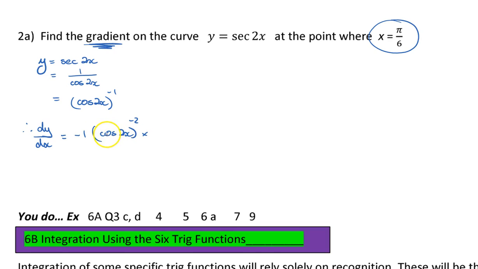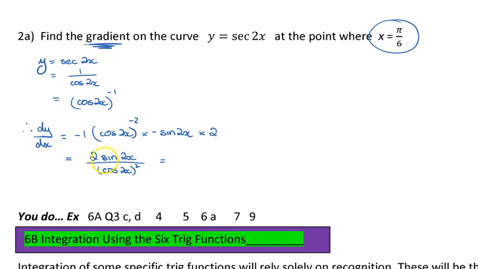Within here, we've got to multiply by the derivative of cos of 2x. The derivative of cos is minus sine 2x, and we further have to differentiate the 2x, and differentiating 2x, we get a 2. Now the negative and the negative make a positive 2. Sine 2x is on the top, and cos 2x, all squared, goes to the denominator.